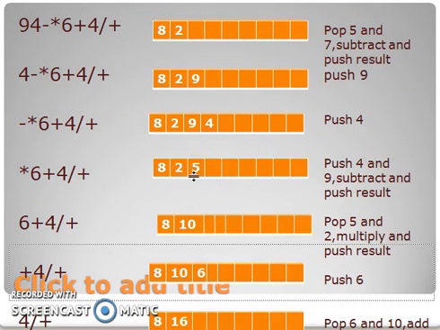Once we get the operator, we need to pop. I have written it wrongly here, so sorry for that. Pop 4 and 9 and subtract, and then push the result.